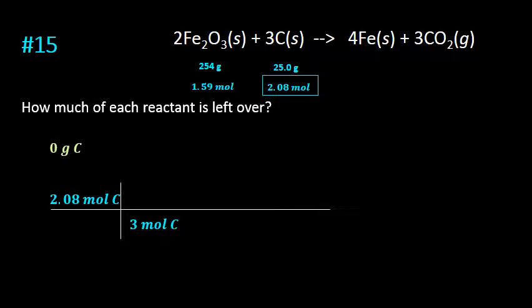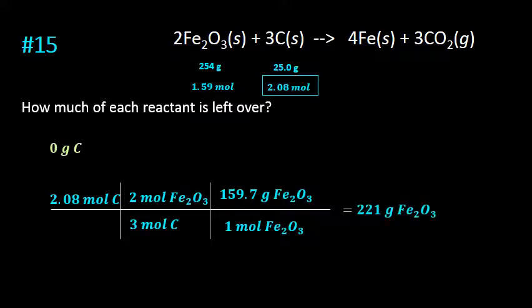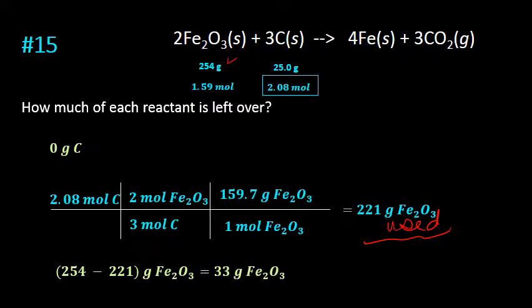So I know I used 3 moles of carbon for every 2 moles, and I can convert that to grams. Well, that's how many grams we used in this reaction. And we had this much. So how are we going to finish it? Well, then you just subtract it. Make sure your sig figs are good and you're done. Good luck on your test.